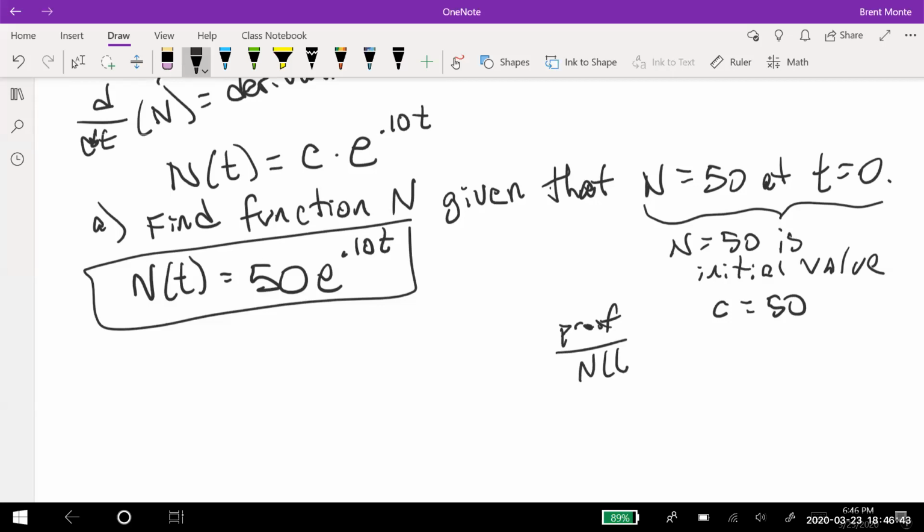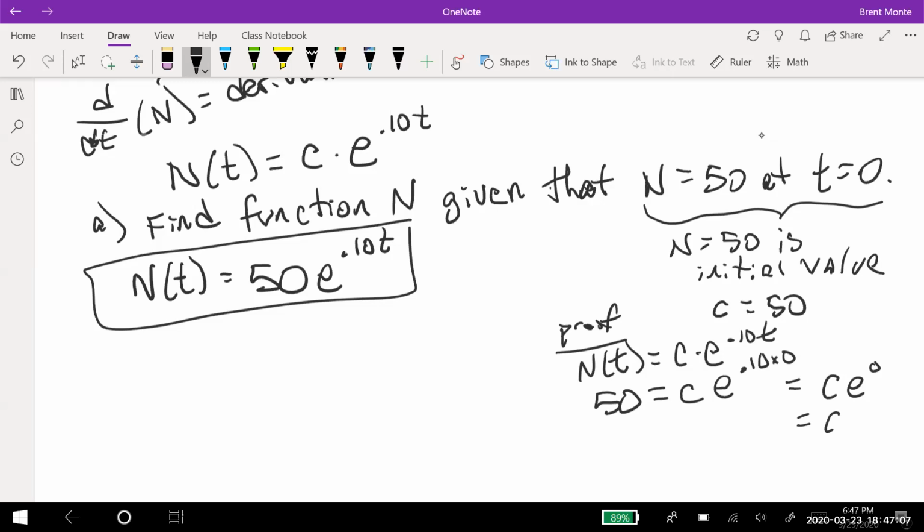If we had n of t was C times e to the 0.10 t, and we know that n of t is 50 when T equals 0, so we'll say times 0, we'll notice that's C e to the 0, which is C times 1, which is just C. So C has to be 50.